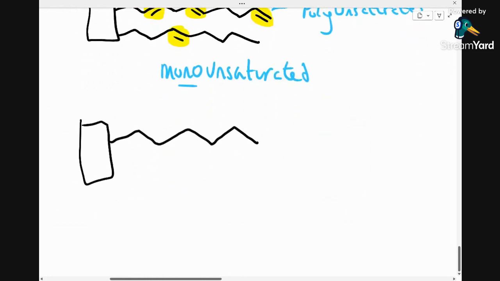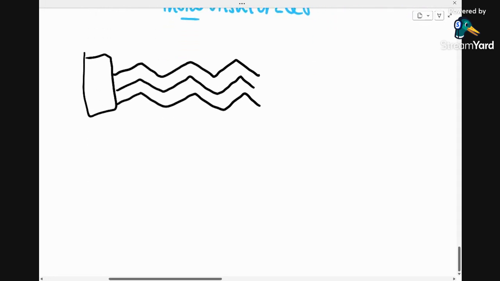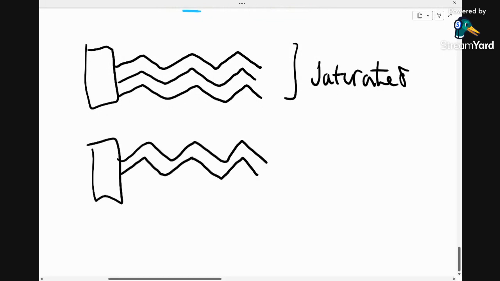If I were to draw, let's say, my triacylglycerol here, triacylglyceride. And let's say that this one is completely saturated. Let's draw another one where we cause some unsaturation. Let's say this one has a carbon-carbon double bond here, and that causes a kink in the chain.